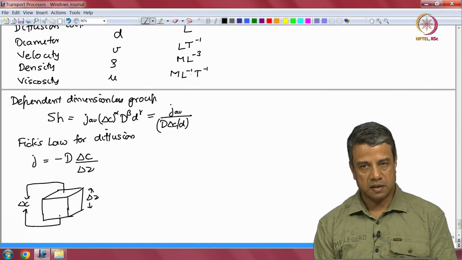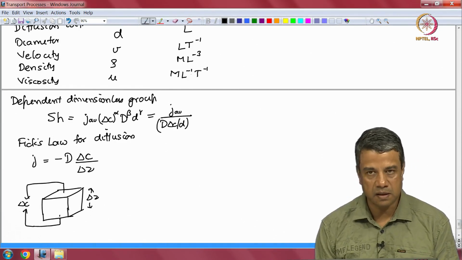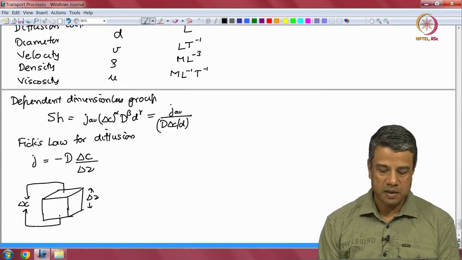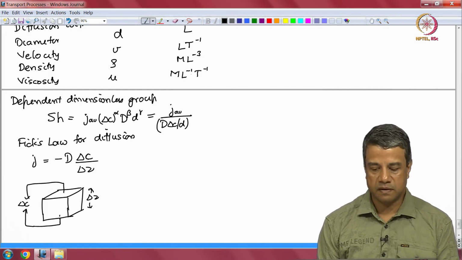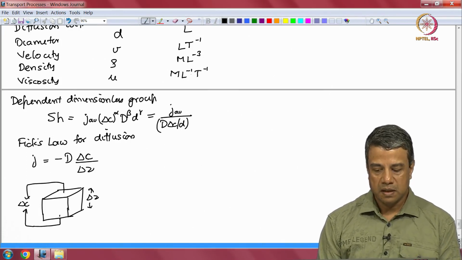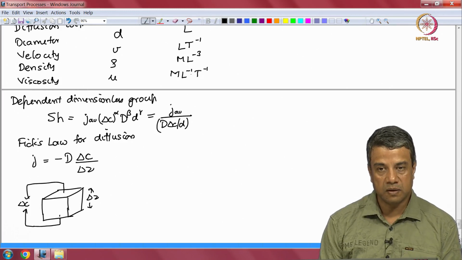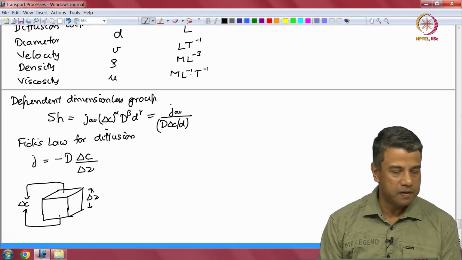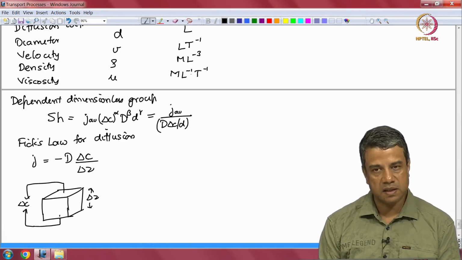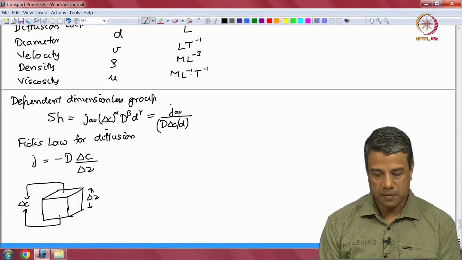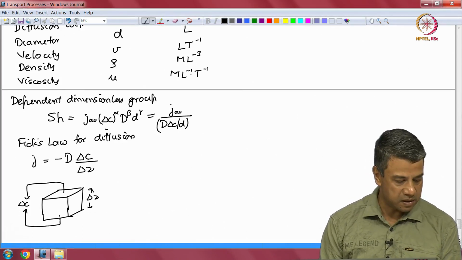This will be dimensionless, because the denominator has the same dimension as the right side of Fick's law for diffusion. Note that this Fick's law is not applicable for the entire system, it is applicable only locally at each point. However, both the left and the right sides have the same dimension. So, I can get a dimensionless group just by scaling it in this way.